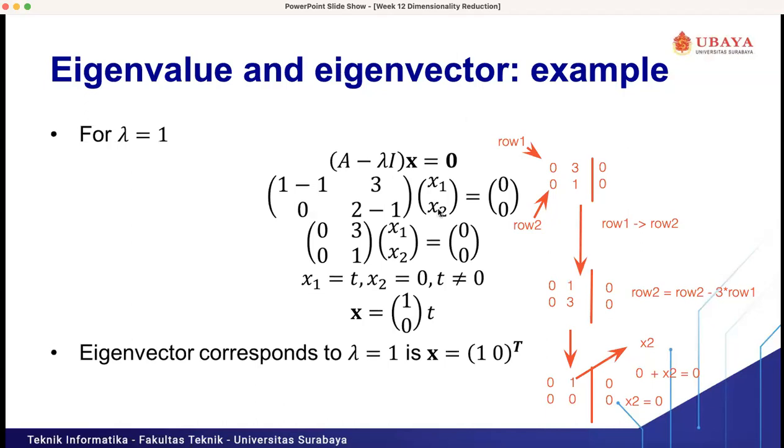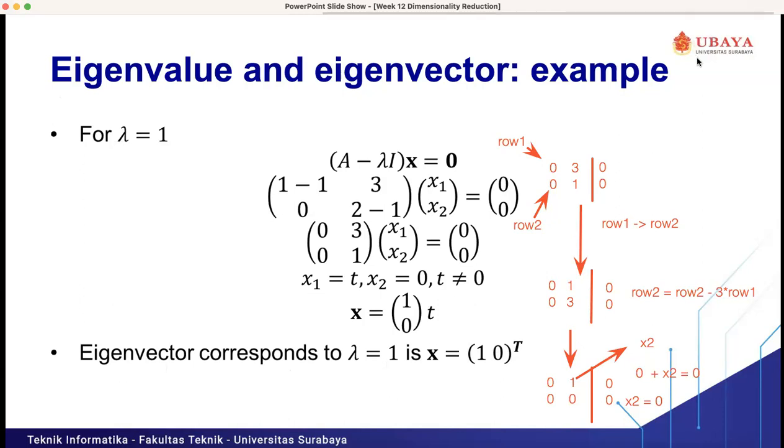So this is how to calculate the eigenvectors from this eigenvalue, because we have two eigenvalues, lambda equal 1 and lambda equal 2. For lambda equal 1, the eigenvector corresponds to lambda equal 1 is (1, 0)^T.